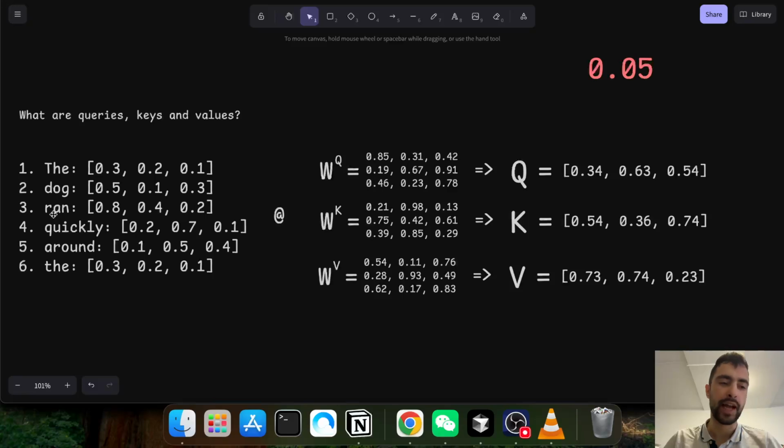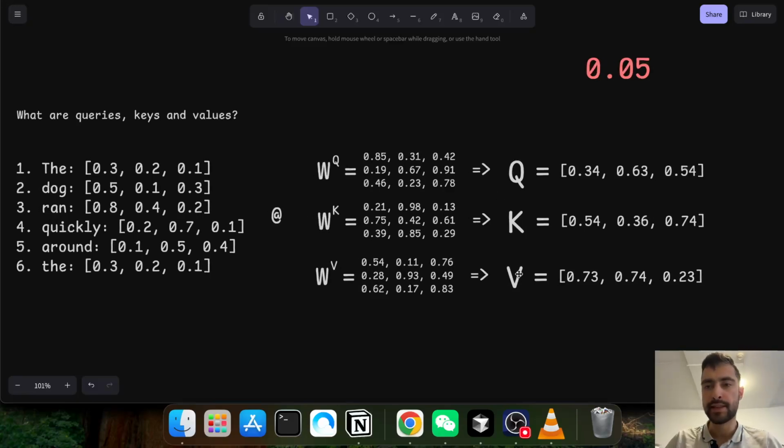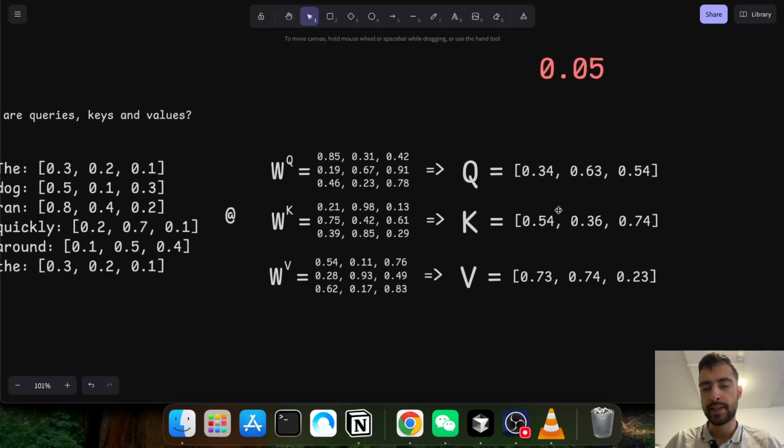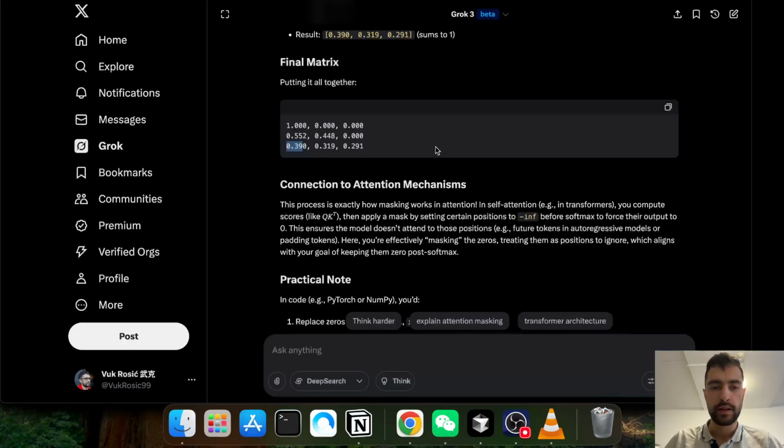Now let's take a look at the third token. Let's say, for example, here we would look into this row, because this is the row for the third token, and we would see that the third token finds the context of the first token very interesting.